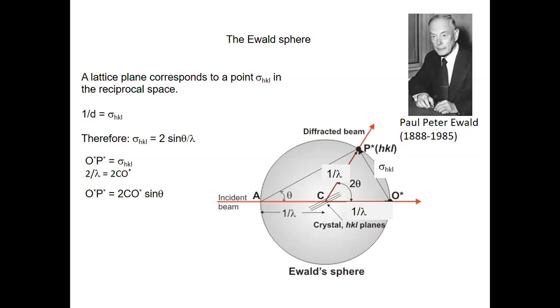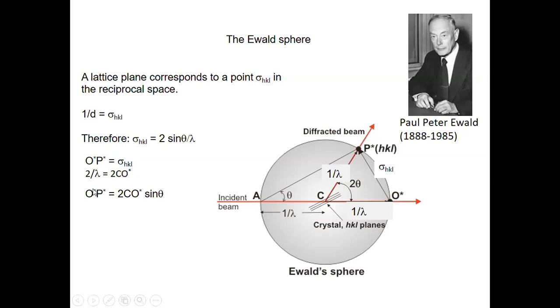Okay, so we can also express this mathematically by saying, well, this distance here, OP, is equal to sigma HKL. 2 over lambda is 2 times CO, that's the distance between the crystal and the origin of the reciprocal space, times 2, that's the diameter of the Ewald sphere.